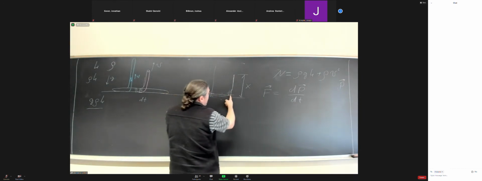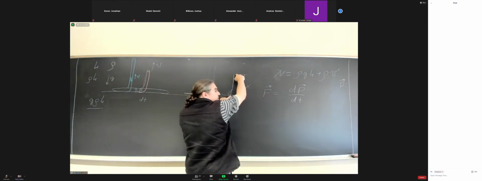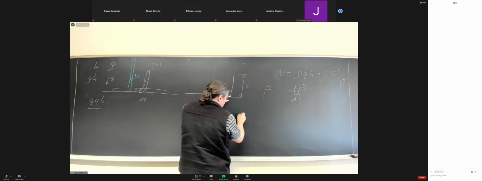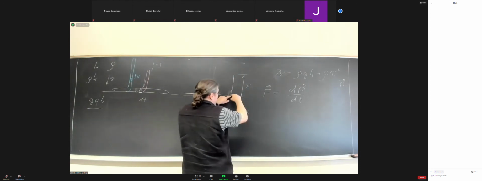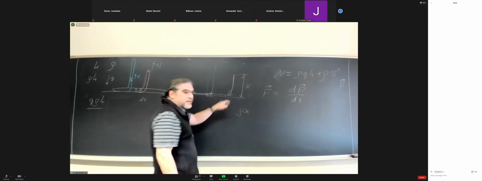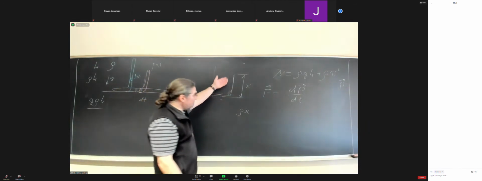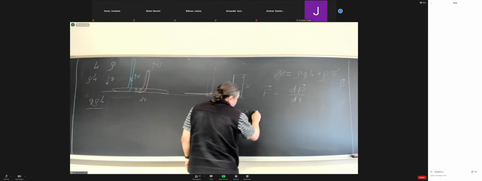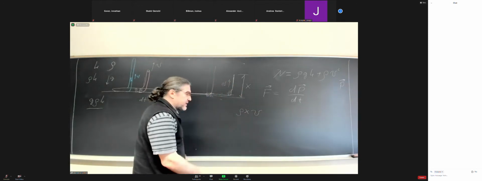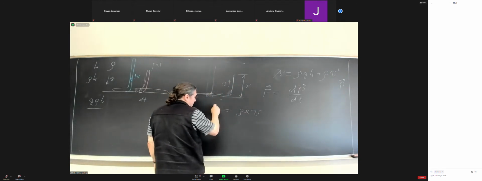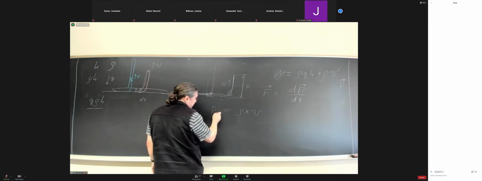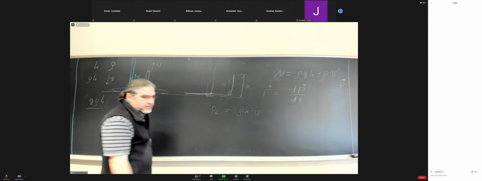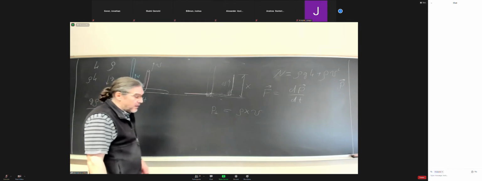This piece has a mass which is rho times x, rho times the length, and all of that piece is moving with velocity v. So this is its vertical momentum, the perpendicular momentum of the snake.